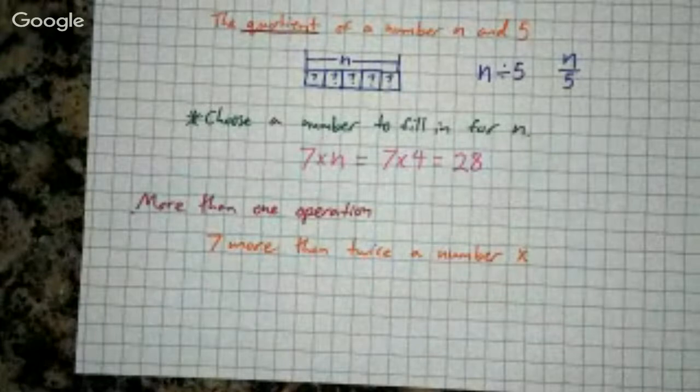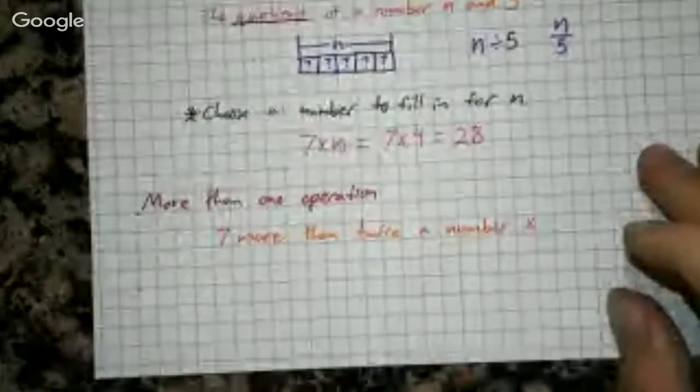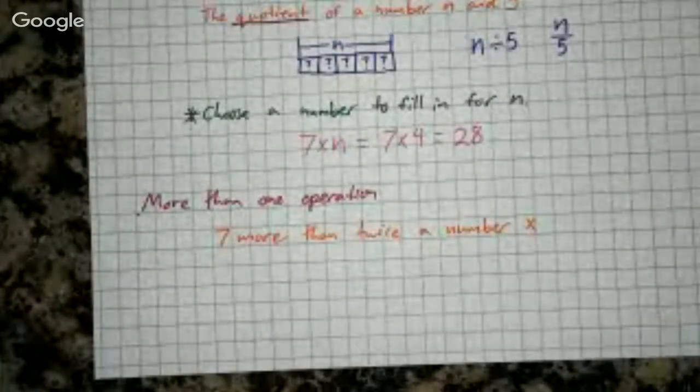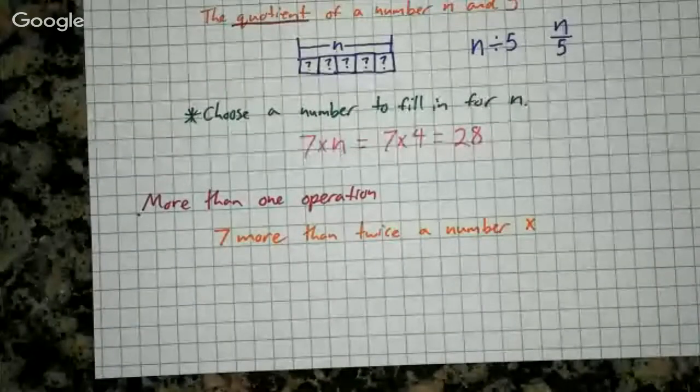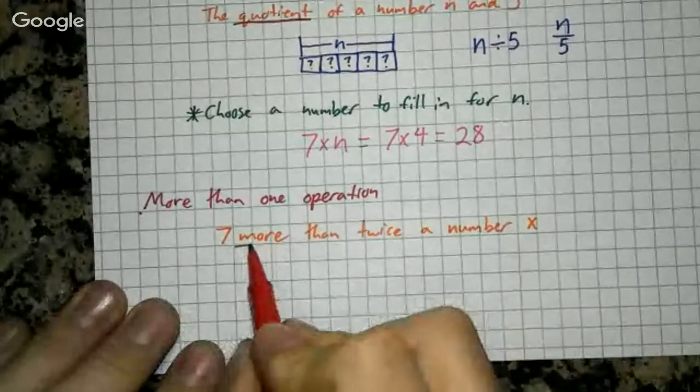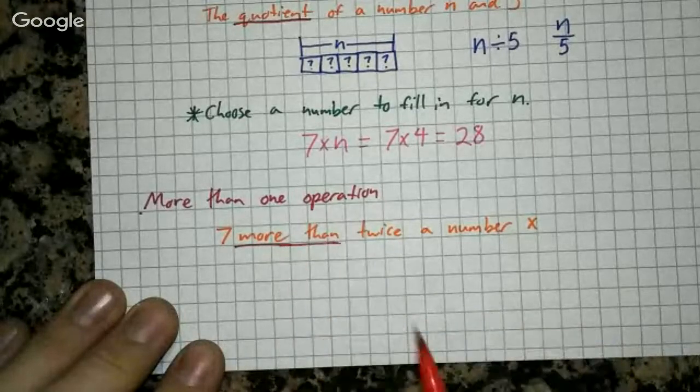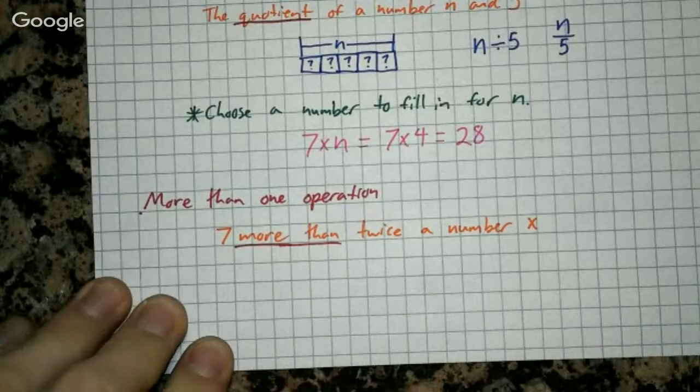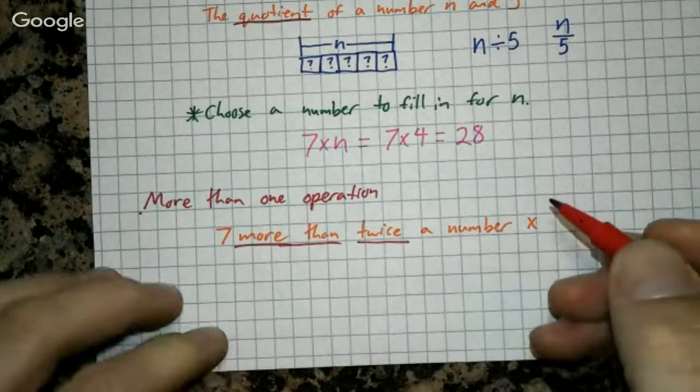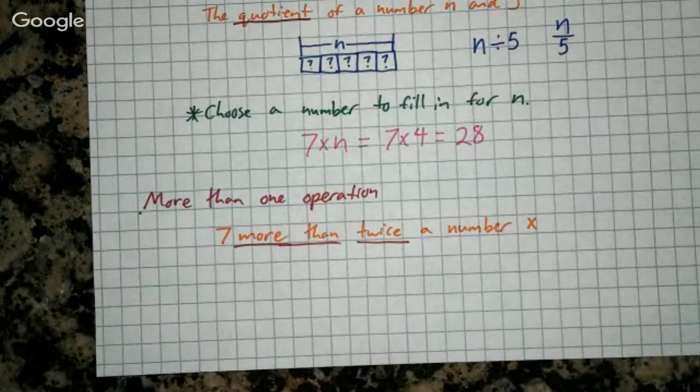Okay, 7 more than twice a number x. So those terms that are giving us those rules that we're looking at, 7 more, so more than, and also twice. We know what twice means as well.